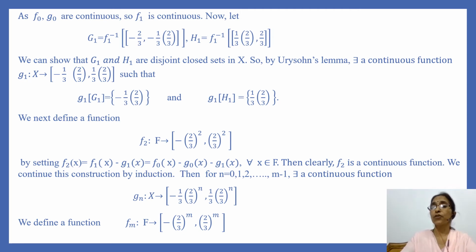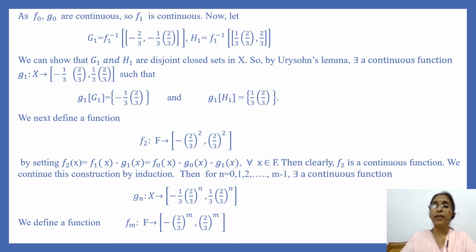So by Urysohn's lemma, there exists a continuous function g1 from the whole space X to the closed interval [-1/3, 1/3] times 2/3, such that g1 maps each element of the set g1 to -1/3 times 2/3, and the g1 image of each element of h1 is 1/3 times 2/3.